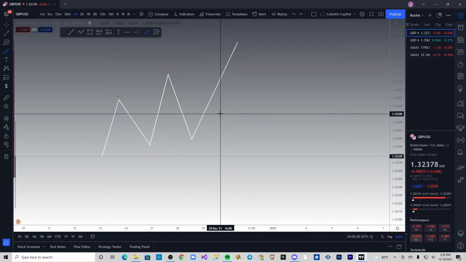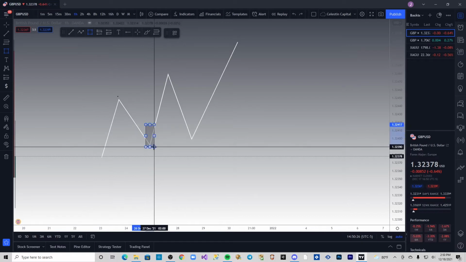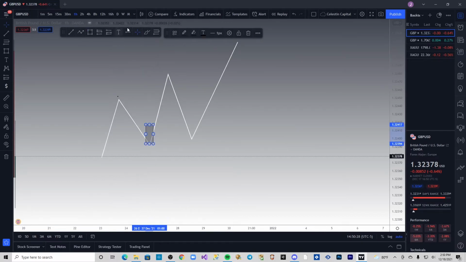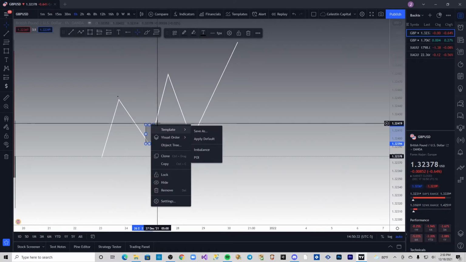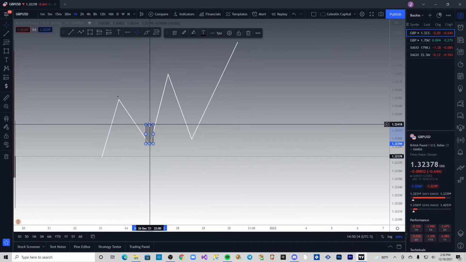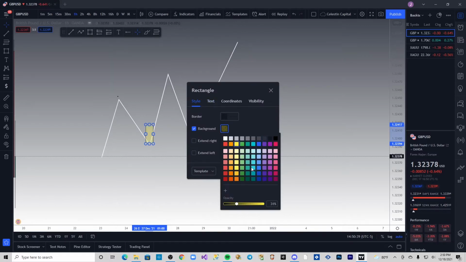So with that being said, what is an order block? Let's say we have, again, structure right here. We have this down candle right here. I'm going to have to color this in. Let's just say this is a red candle.